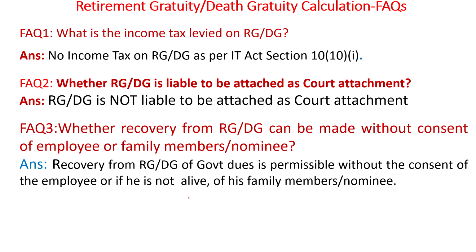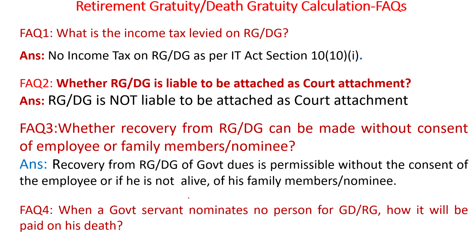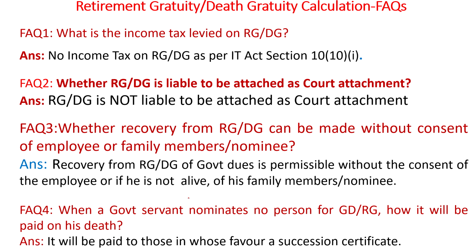So straight away government dues can be recovered from the death gratuity or retirement gratuity. However, the court attachment cannot be made. And when a government servant nominates no person for death gratuity or retirement gratuity, how will it be paid on his death? It will be paid to those in whose favor the succession certificate is given.